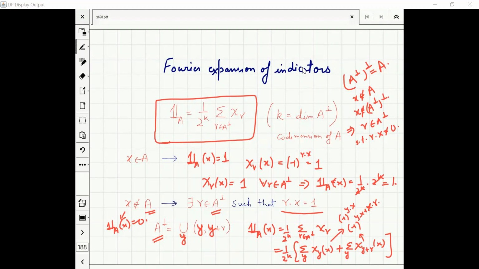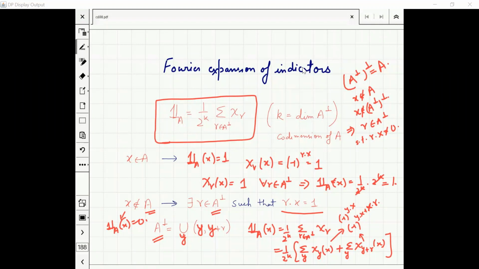So what did we do before? If we take a vector, how many things are perpendicular to it? We said there is a particular entry which is 1. It's the same idea. Instead of just one vector, you are taking a subspace, and half the elements of the subspace will give you inner product 1, half will give you inner product 0.